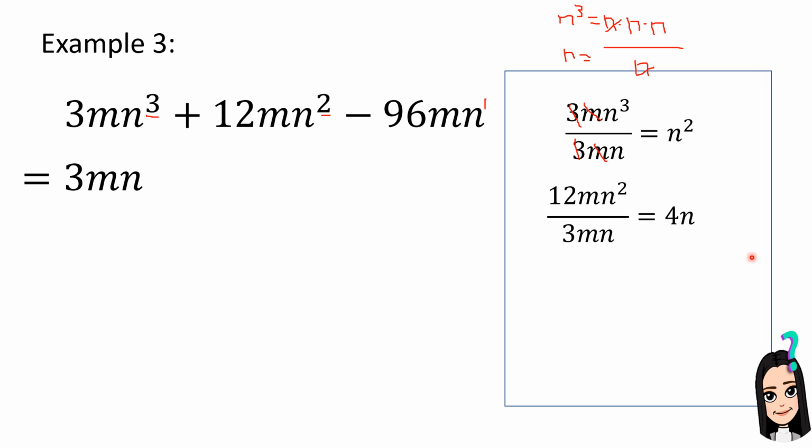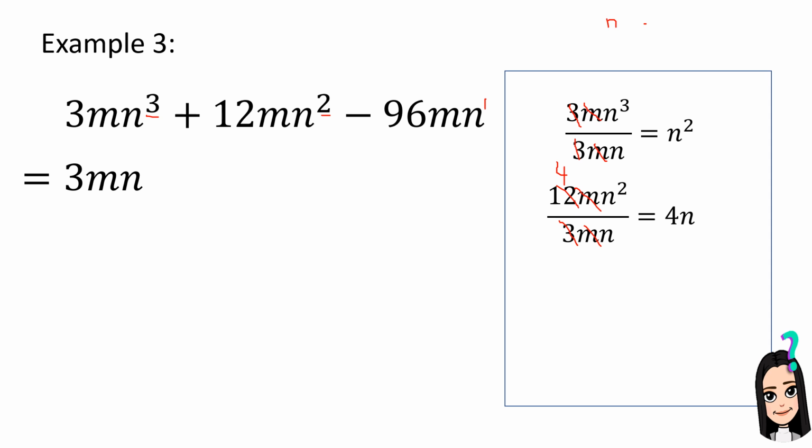Next, 12mn squared divided by 3mn. Okay, so 12 divided by 3, that is 4. And then m divided by m, that is 1. n squared divided by n.